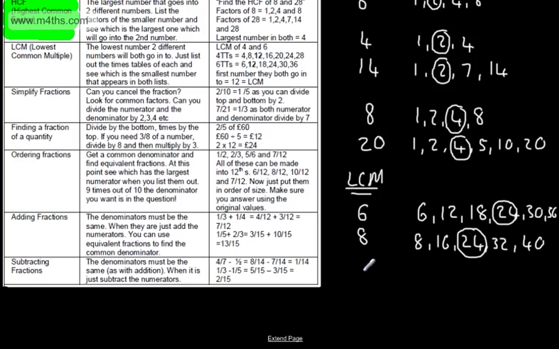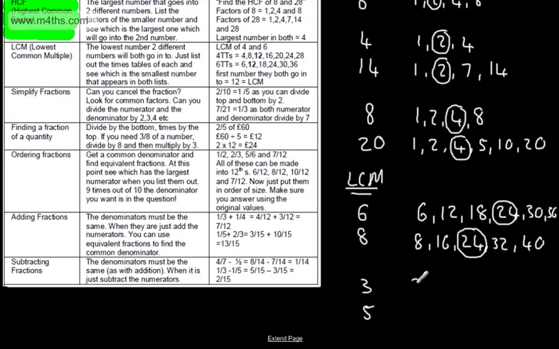So lowest common multiple, list out the times table and see which is the first one that they go into. Now sometimes, and you just have to be a little careful, for example if we had 3 and 5, we can see that the lowest common multiple is going to be 15. It's multiplying these two. But right here, if we'd done that, we would have had 48, which is not correct. So yes, the lowest common multiple is often when you multiply the two numbers, but not always.